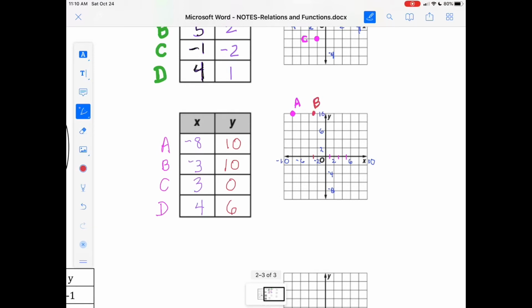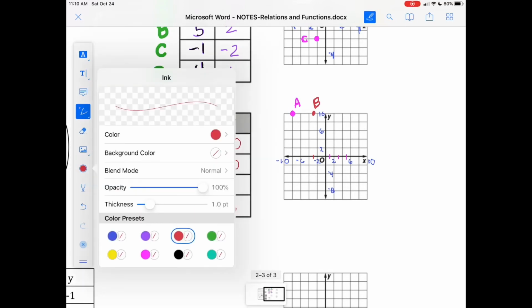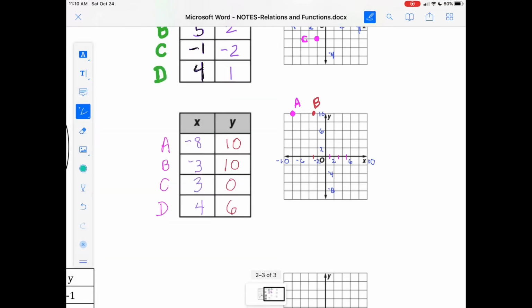So you'll notice that both A and B have the same y value, but they've got different x values. C is having us go 3 to the right and 0 up. So C is right there. C sits on the x-axis. And D has us go 4 to the right and 6 up.